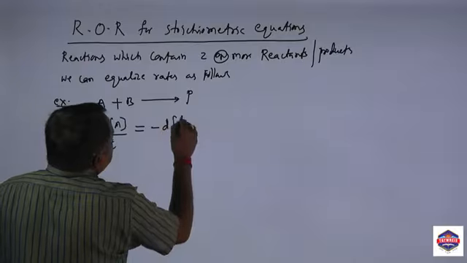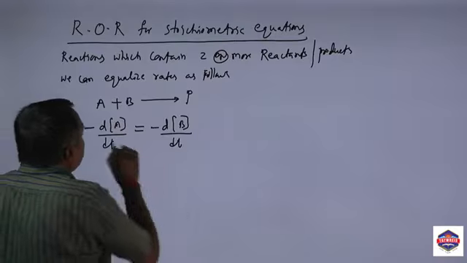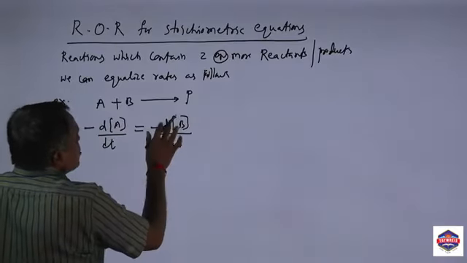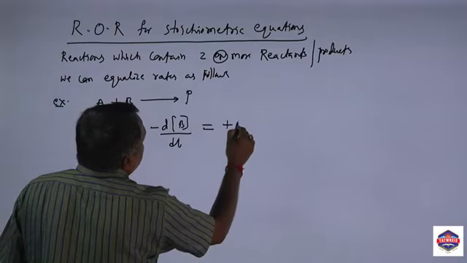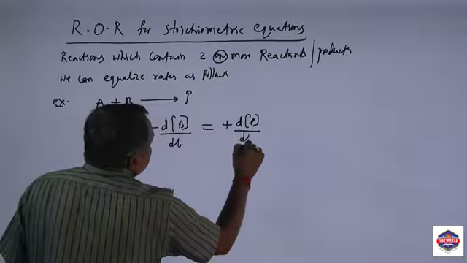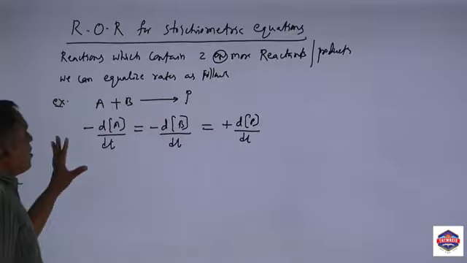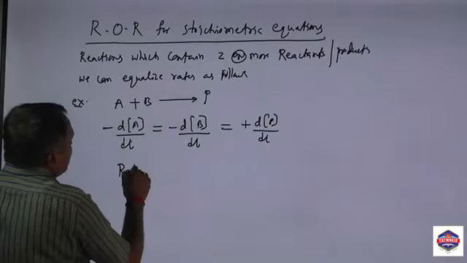This is the rate of reactant B, and these two rates must be equal to the product rate, dP by dt, with a positive sign.